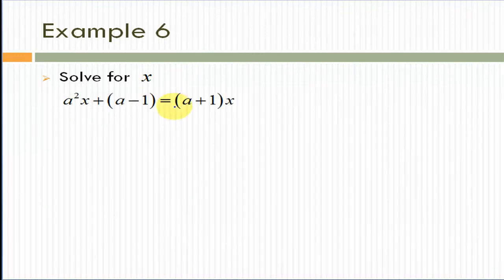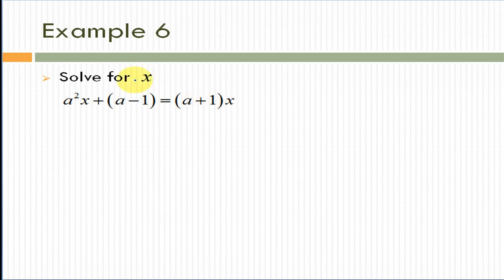Okay, the last one from example 6. Solve for x. Starting with this equation, we would like to solve for x. Okay, as usual, first collect all terms containing x and move away the term that has no x.